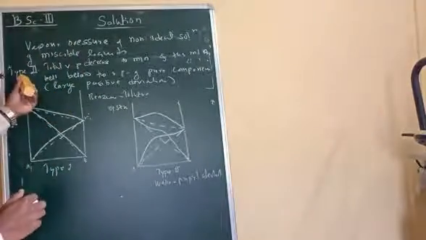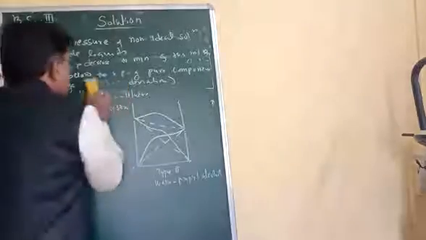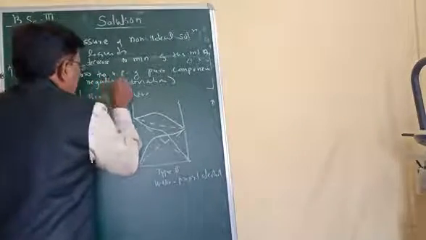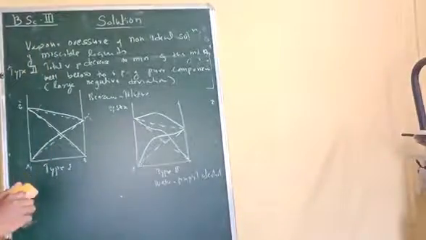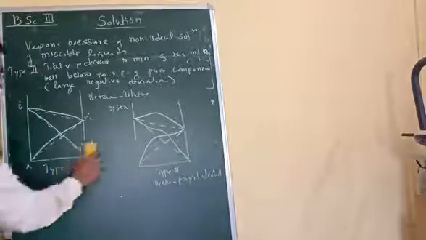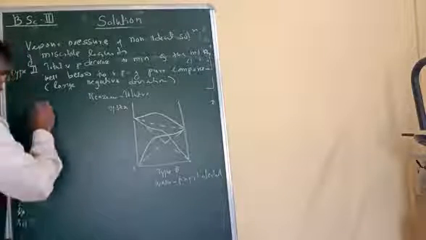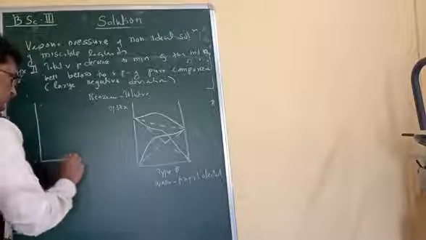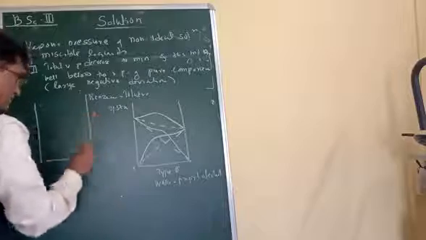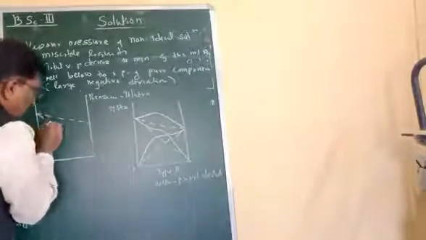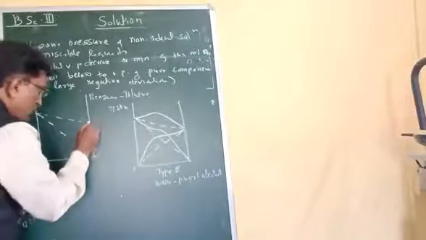That means the system with large negative deviation, and this can be represented with the help of a diagram. This is the ideal situation, ideal behavior.